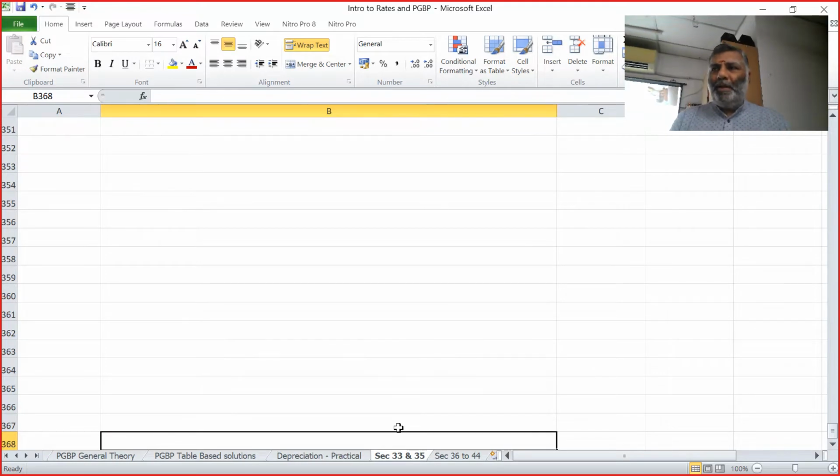Though I have not given it as an example in the material, I'm going to work out the treatment of bad debts recovered. In your notebook, please take it down.